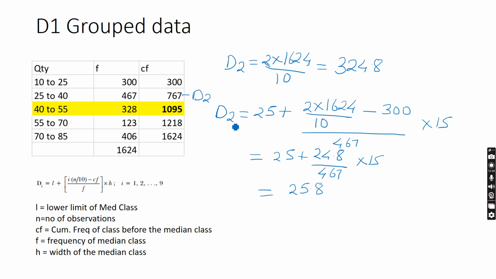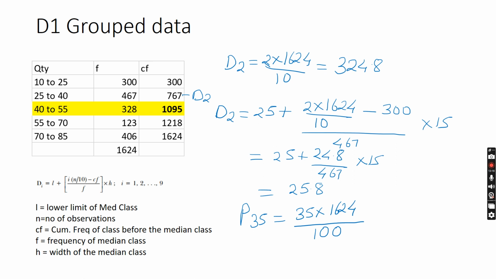If I wish to calculate D6, my formula would change: 6 into 1624 divided by 10. I identify whichever is the D6 class. Similarly, if I wish to calculate a percentile, say P35, my formula would be i, that is 35, into 1624, but now I divide by 100 and not by 10 because I'm doing percentile.